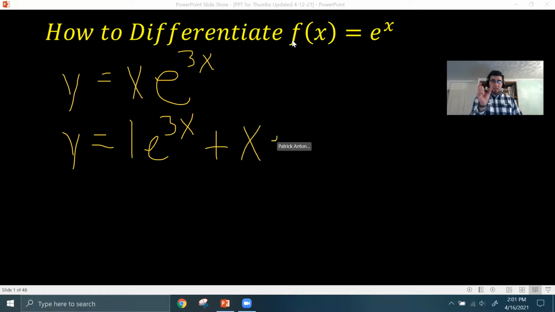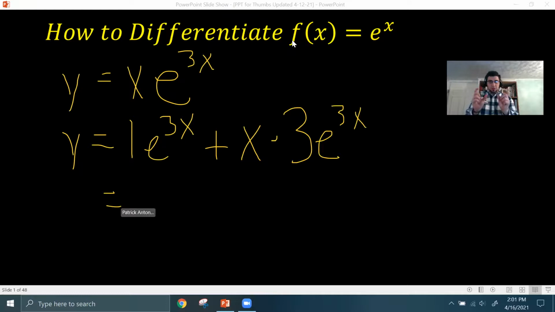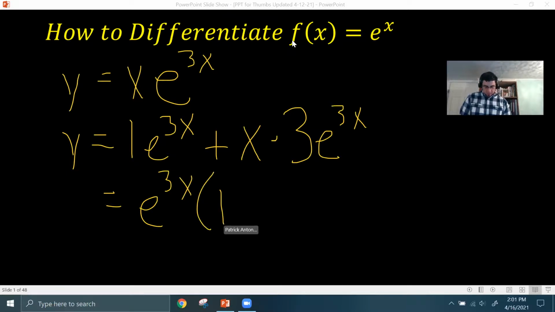Now, the derivative of e to the 3x is going to be u prime e to the u. And then if we just clean this up a little bit, notice both terms have a factor of e to the 3x. You could factor that out, and you would have 1 plus 3x.